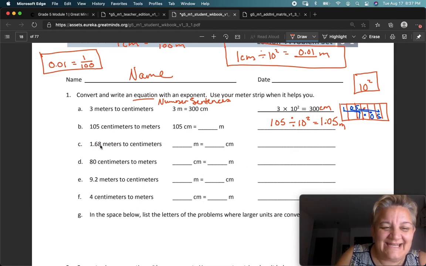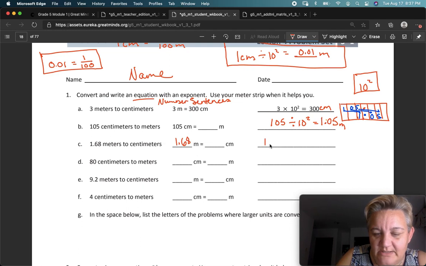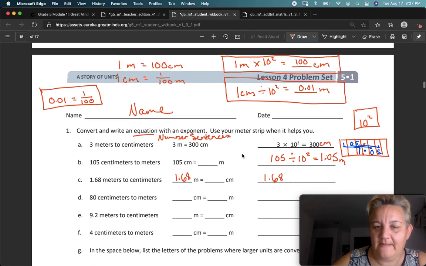1 and 68/100ths of a meter to centimeters. So I have 1 and 68/100ths of a meter. Well, that one's pretty easy. That one is 1 and 68/100ths, but now I'm changing meters to centimeters. So what is it up here? Meters to centimeters.